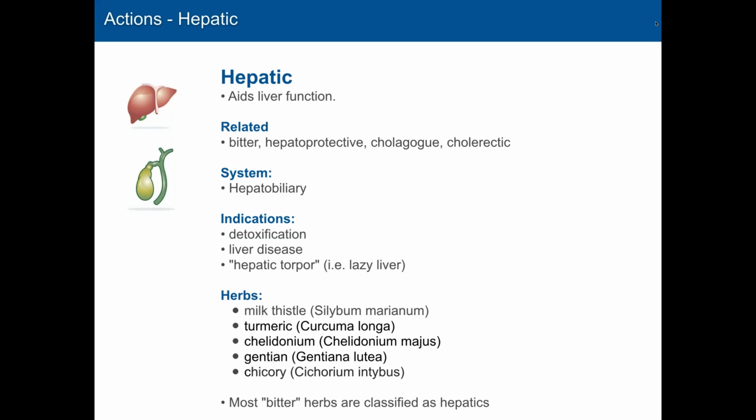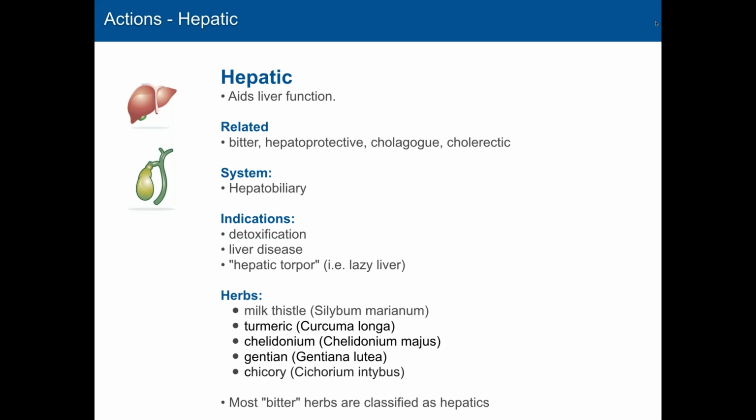Liver conditions would be conditions like jaundice, where the skin turns yellow, and that would be a result of some kind of problem in the liver. It could be due to other reasons, but that would be one thing. So people with chronic hepatitis, you might use a hepatic herb for it. You'd use hepatic herbs for people that maybe you thought were toxic and their liver was overburdened.